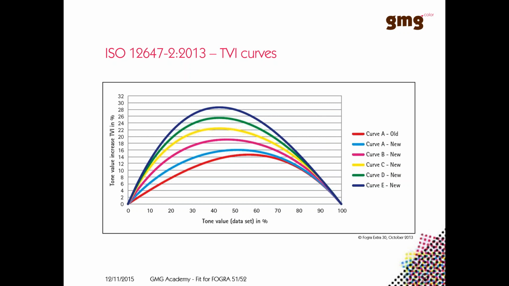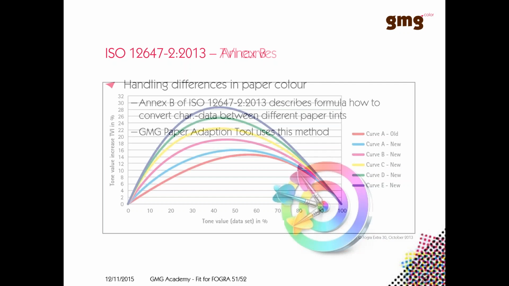So K stands for the German word for contrast. In the past, black was just used for text and contrast in images, historically seen. But nowadays, black has become an important part of the process colors, so it has to be managed and well kept and treated like the other process colors, and that's why it just makes sense to have K on the same description in TVI as the CMYs. Let's go next.